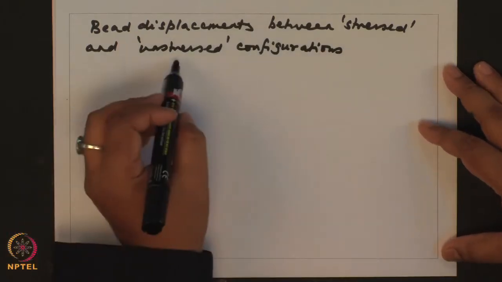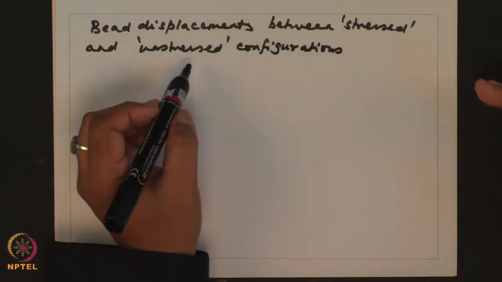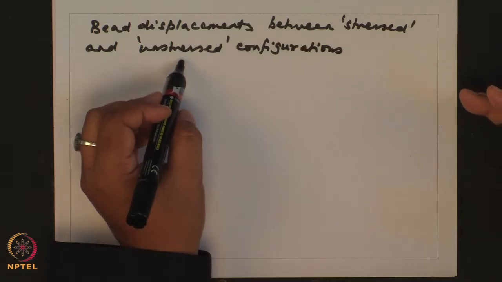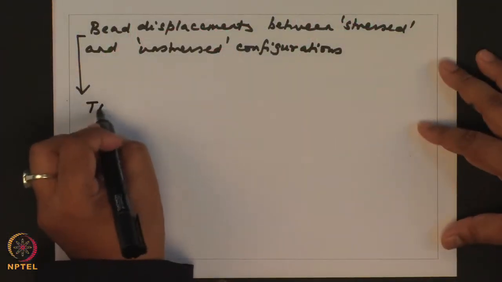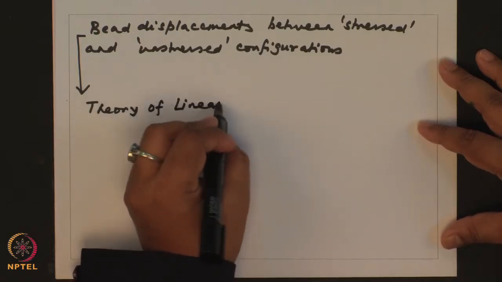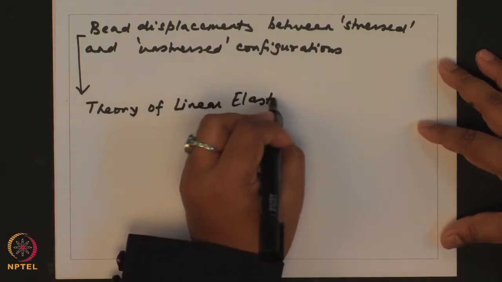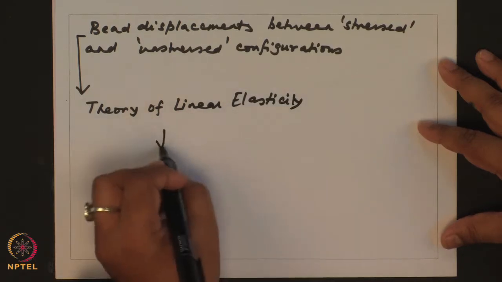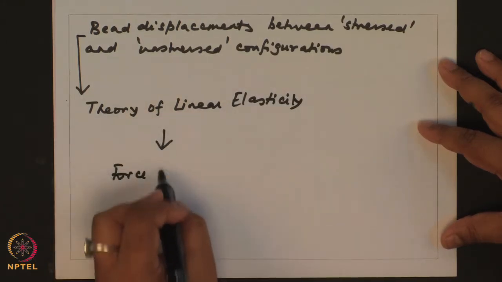Unstressed corresponds to the configuration when the cell has been removed, and stressed corresponds to the configuration in which the cell is actively exerting forces on the substrate. So, using this, once you get the bead displacement, then you can use theory of linear elasticity to find out what is the force distribution.